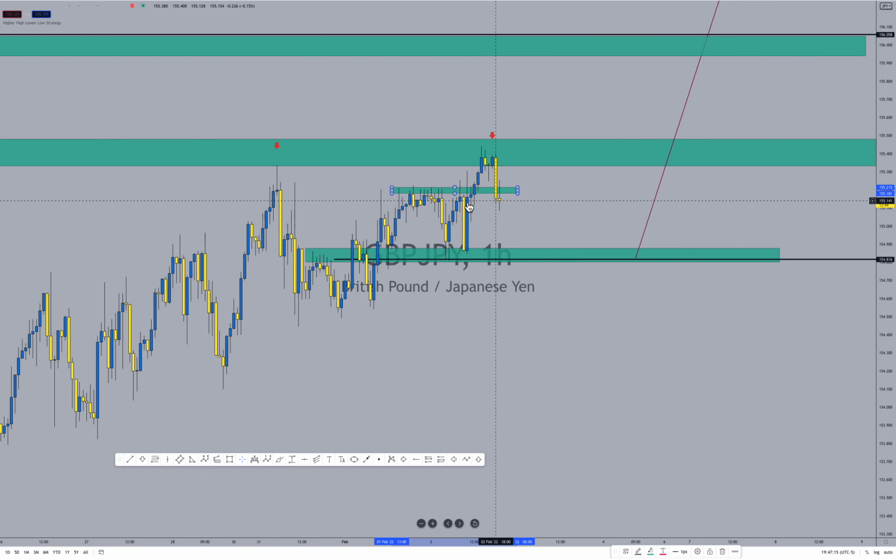But we're seeing where price is maintaining structure here on the 4 hour time frame. So we'd have marked this from the 4 hour time frame, and we're looking at it now on the 1 hour. So we're seeing where this structure is very strong.